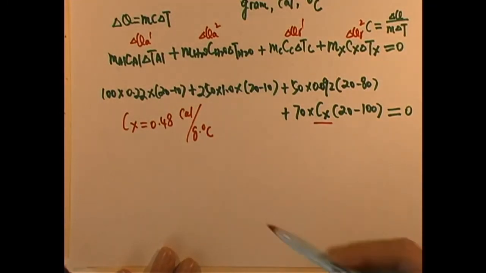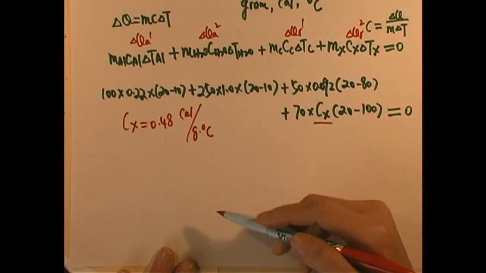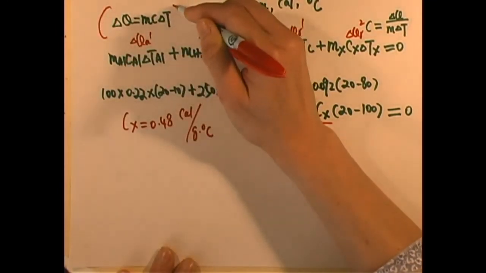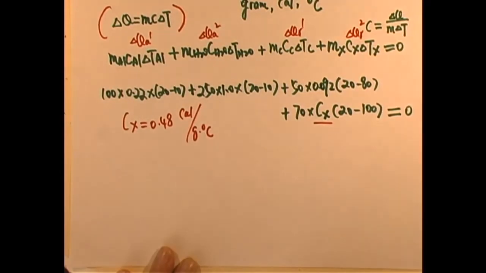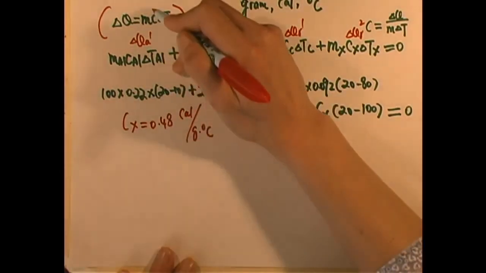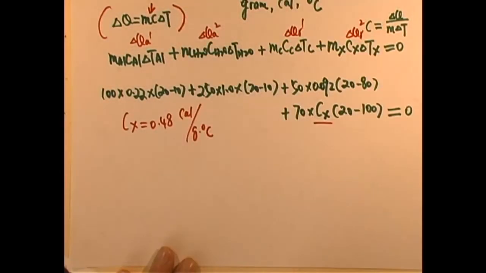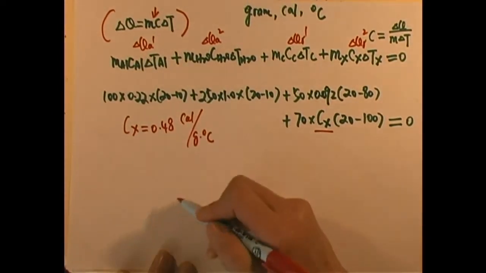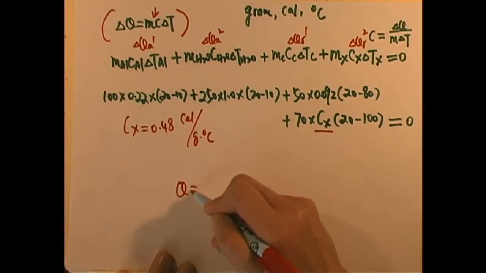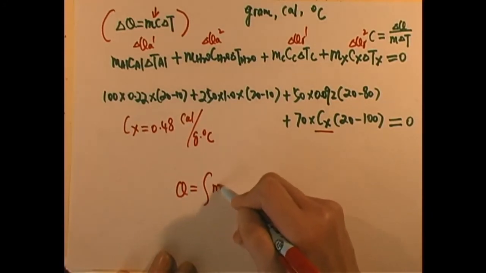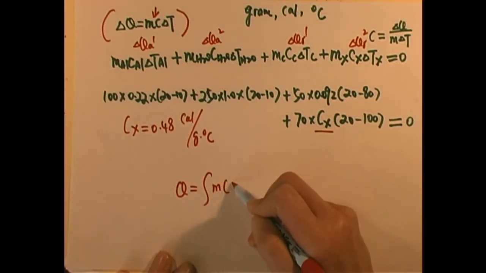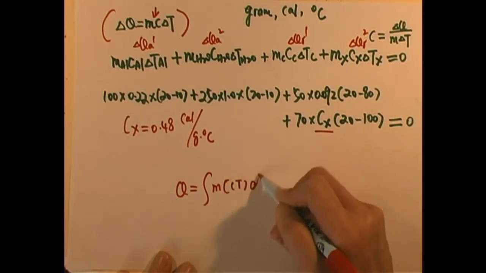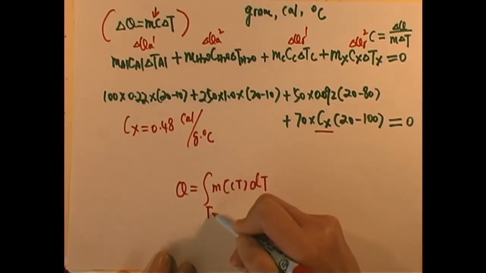So basically, if we deal with a solid and liquid, we can use this equation, delta Q equal to MC delta T. However, if C, the specific heat, is a function of temperature, then we have to be very careful. What we need to do is say that Q equals the integral of M, since C is a function of temperature, so C(T) dT, from T initial to T final.